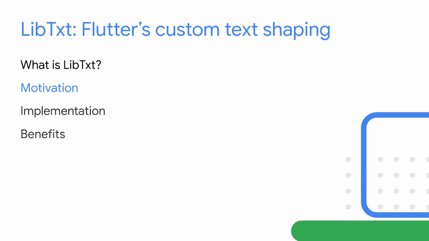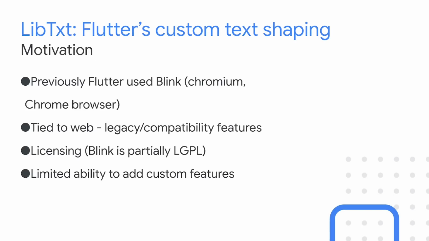So why did we write LibText? Well, if you take a look at Flutter's history, way back in the day, Flutter used Blink as its text rendering library. Blink is the rendering engine behind Chromium and the Chrome web browser. Because we used Blink, we had a lot of legacy and compatibility features from Blink.